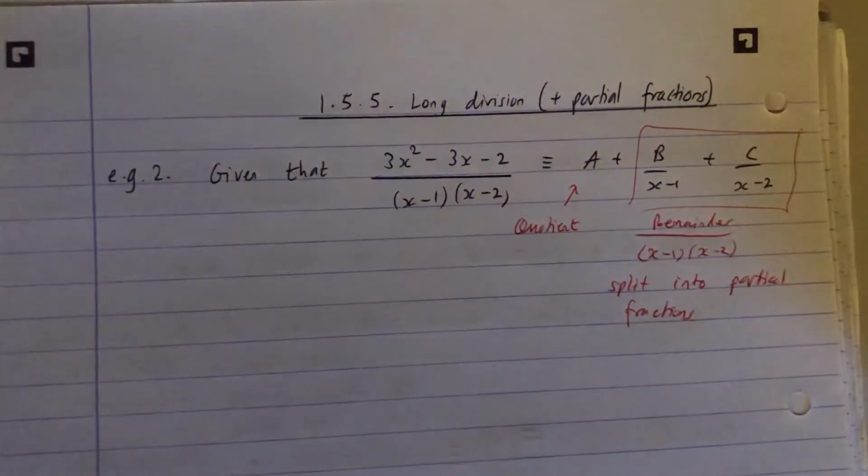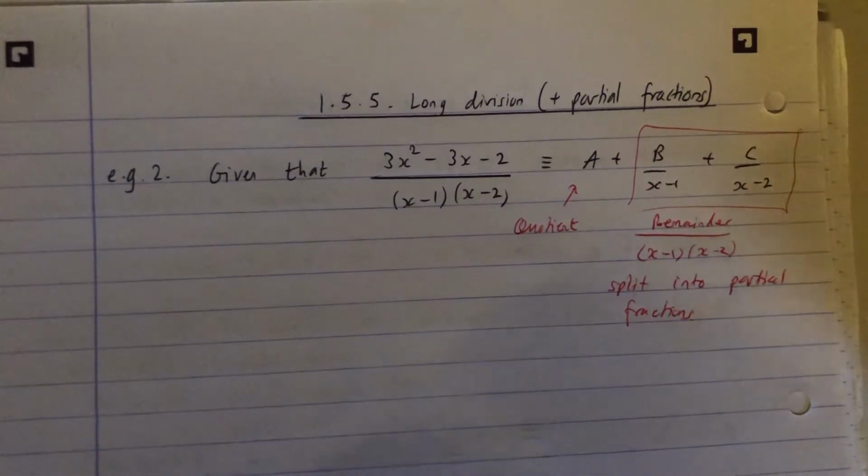So the sequence of steps would be to use long division to write it as a quotient and a remainder, and then use partial fractions to split up the remainder into these two separate fractions. So this is worth quite a few marks actually in an exam, and each individual step is pretty straightforward. It's just you need to know what order to do them in.